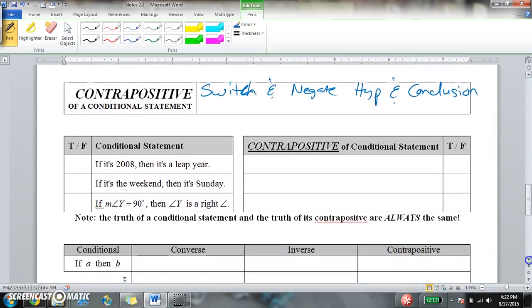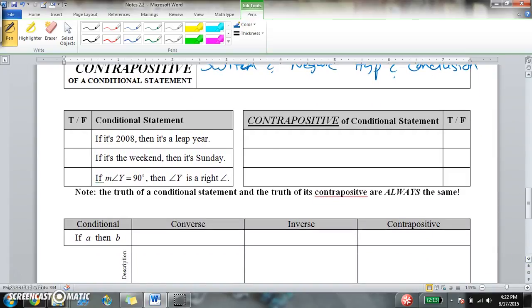So same three statements. If it's 2008, then it's a leap year. Contrapositive, we're going to switch the order and we're going to negate both pieces. So if it is not a leap year, then it is not 2008.